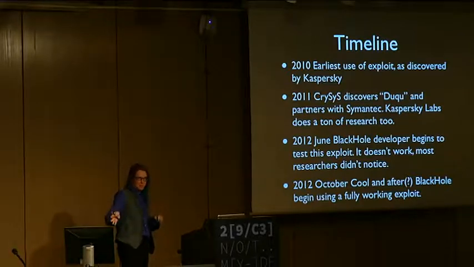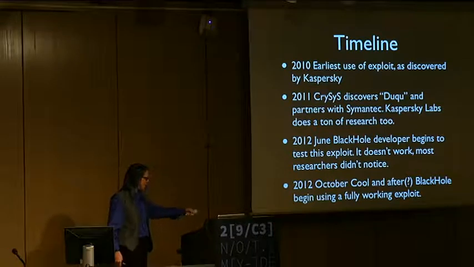It was named test or whatever, and it didn't work. And so nobody really figured out what it was. But looking at the current exploit in the kit and looking at the prototype back in June, it's clearly direct code lineage.